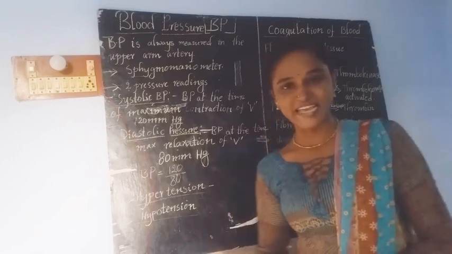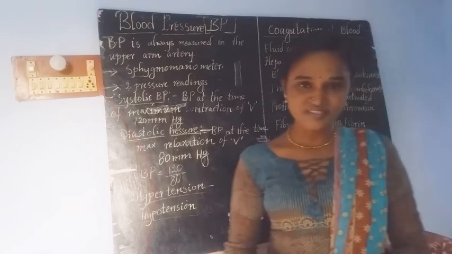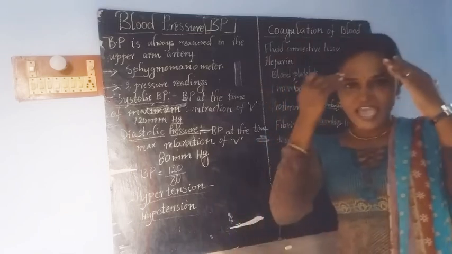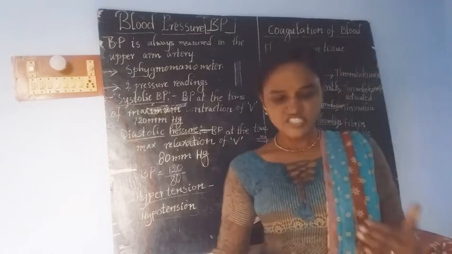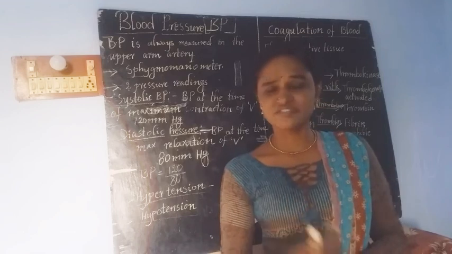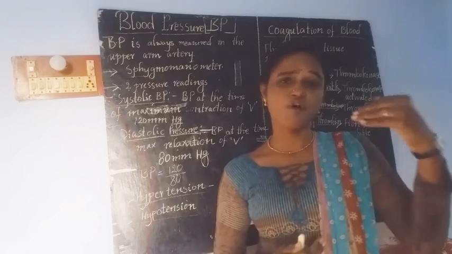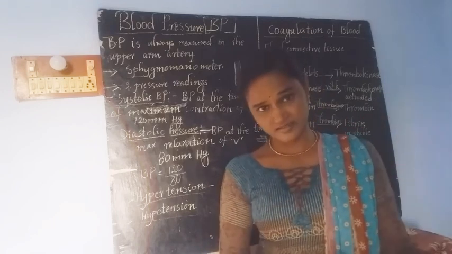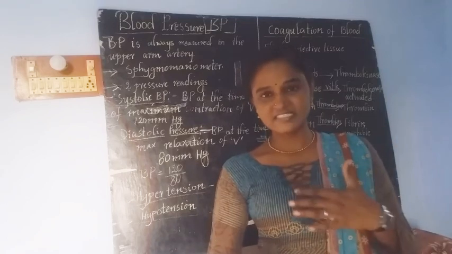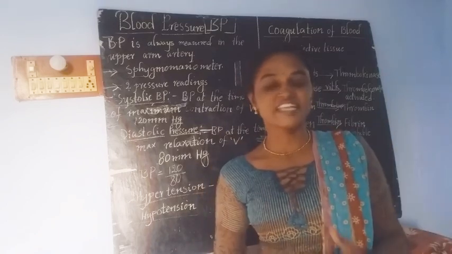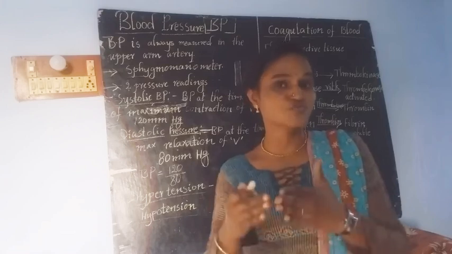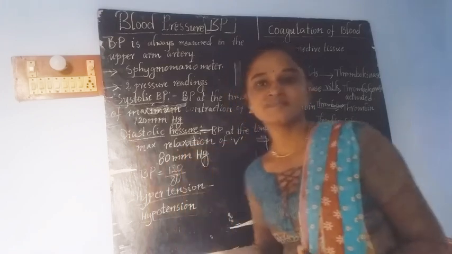Why are we calling blood a fluid connective tissue? Because from head to feet, each and every organ is connected with the blood, and it is in the form of a fluid, connecting each and every part of our body. That's why we call blood fluid connective tissue.